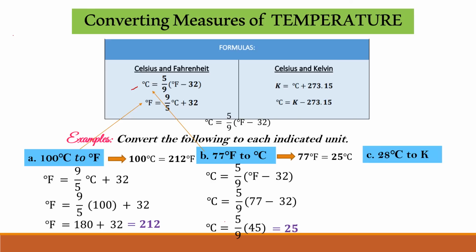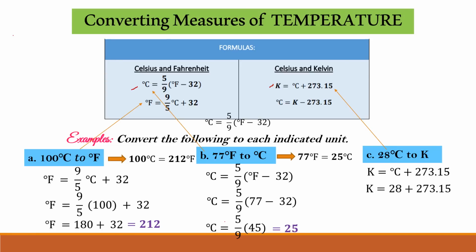And for the third example, we are going to convert 28 degrees Celsius to Kelvin. And the formula that we will use is this. So Kelvin is equal to degrees Celsius plus 273.15. We copy that and then we substitute the value of our temperature in Celsius.